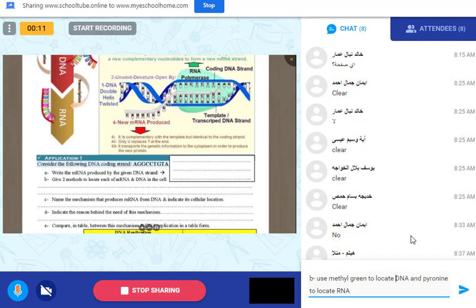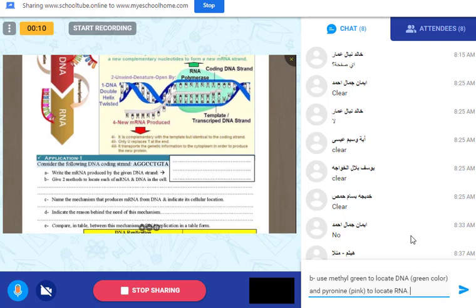Methyl green will give me what color with DNA? Green. While pyronine will give me what color? Pink. Very good, to locate RNA.